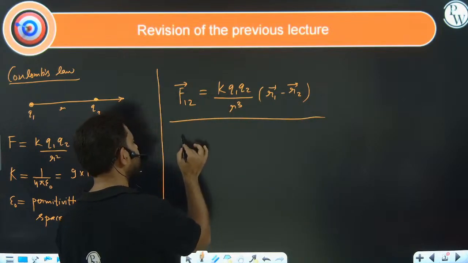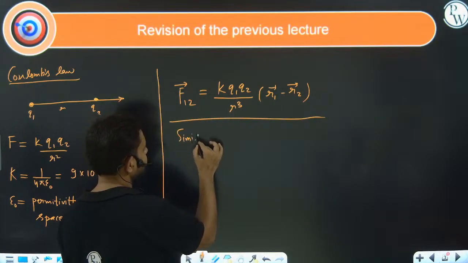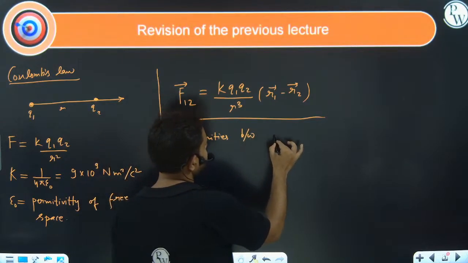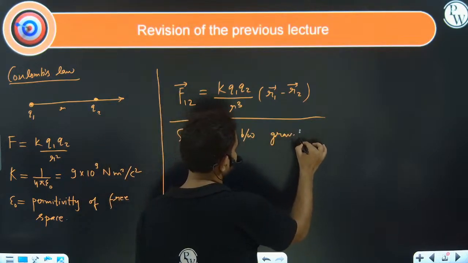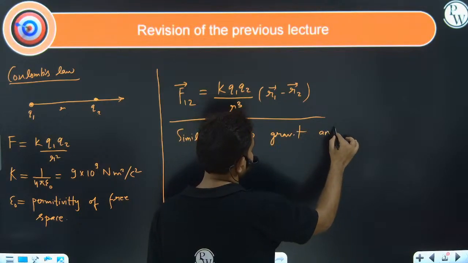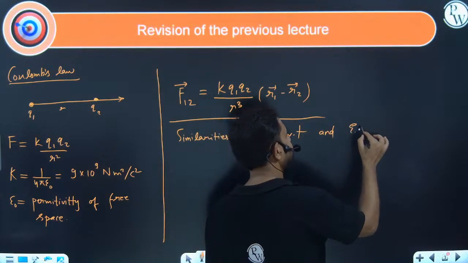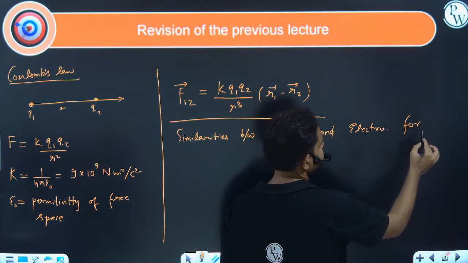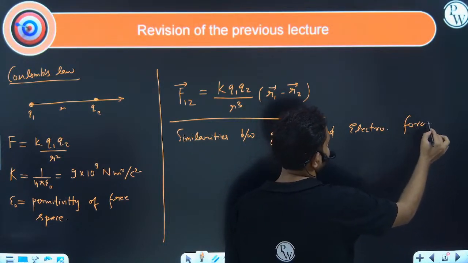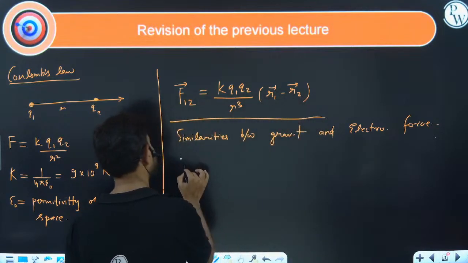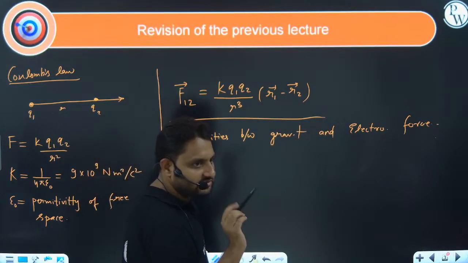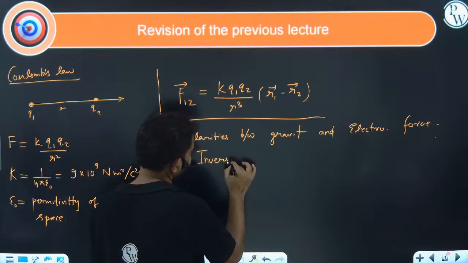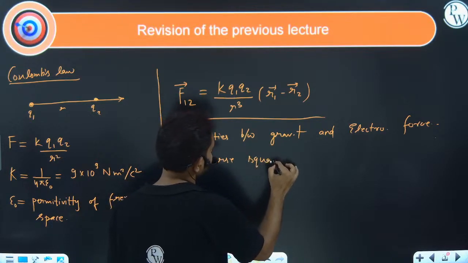What are the similarities between gravitational and electrostatic force? First similarity, inverse square law. Both follow the inverse square law.